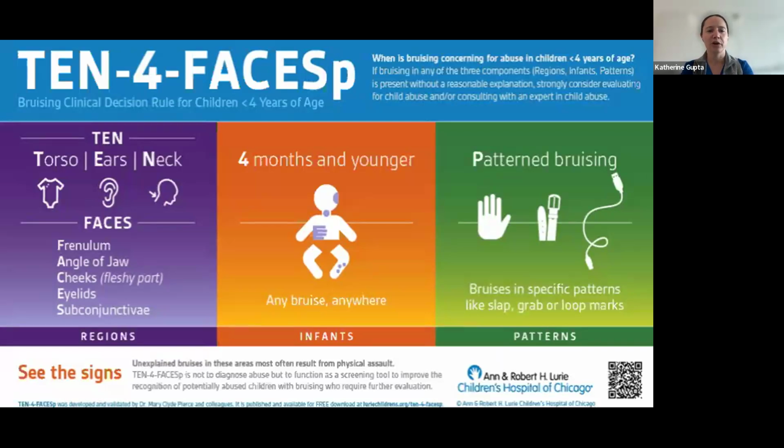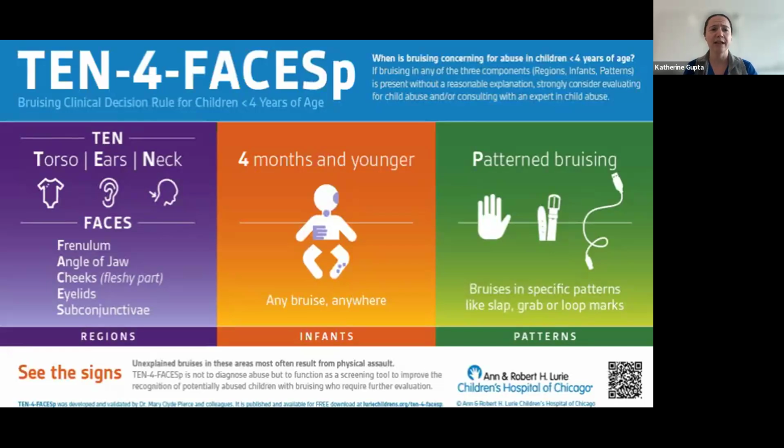So the 10 part of this rule stands for TEN: torso, ears, and neck. These are unusual places to bruise, and you should think twice about them. The faces also refers to other areas for bruising. So the frenulum: you should be looking inside the mouth of any infant or young child that you're concerned about, for things like a torn or bruised frenulum.